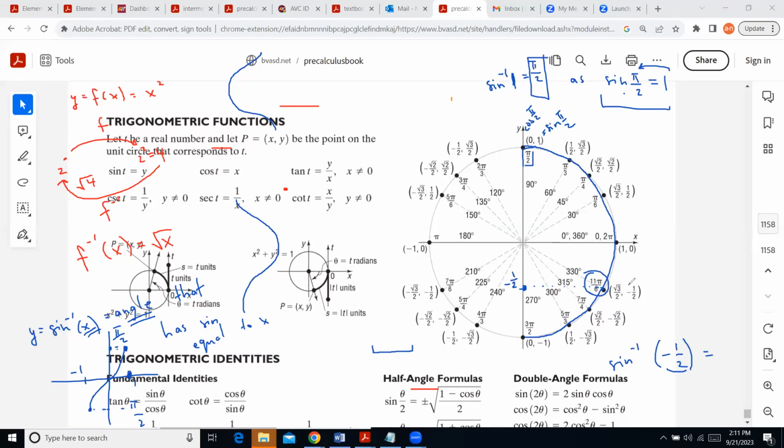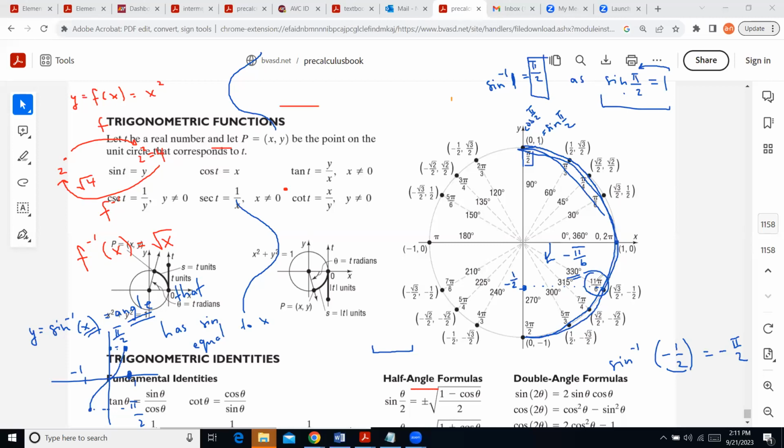And this angle is called 330 degrees or negative pi over 6. You say, Alex, wait a second, it's 11 pi over 6, isn't it? No, it's negative pi over 6 because of a restriction of the function arcsine, because it could only be going from 0 to pi over 2, or to 90 degrees, or from 0 to negative.